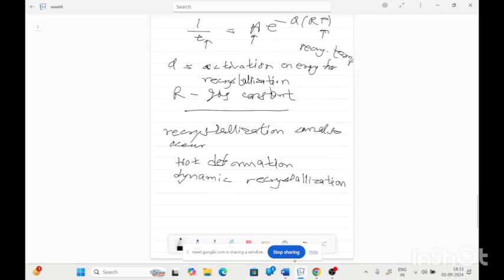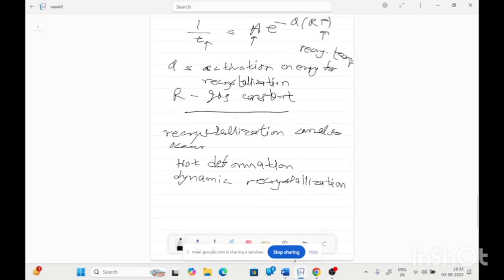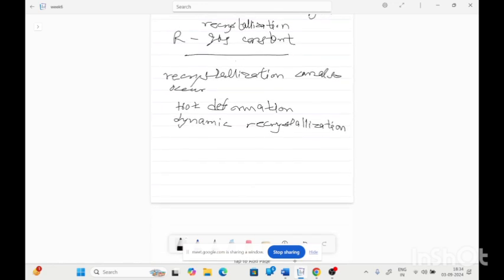Before this, what we studied was recrystallization during the annealing process. We deform the material first, then we anneal it, and then recovery, recrystallization and grain growth happen. But recrystallization can also happen during hot deformation, if the deformation is performed at a higher temperature.